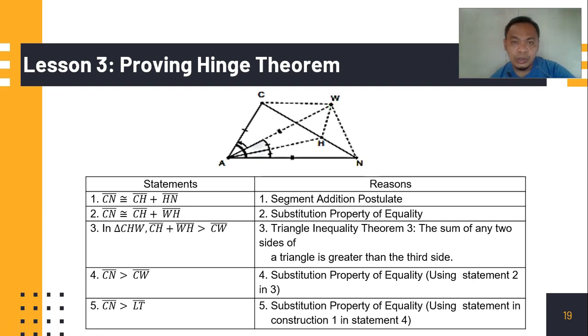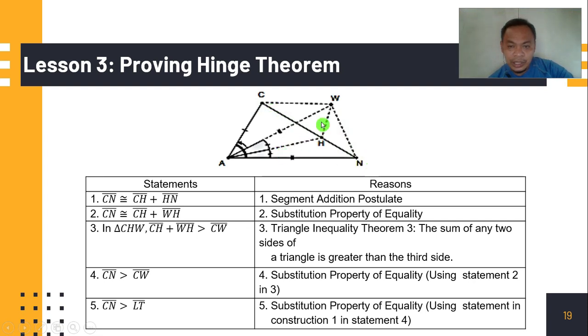So look at your module. Therefore, our statement number 4 is CN is greater than CW, by the substitution property of equality using statements number 2 and 3. Therefore, we can now prove that CN is greater than LT.